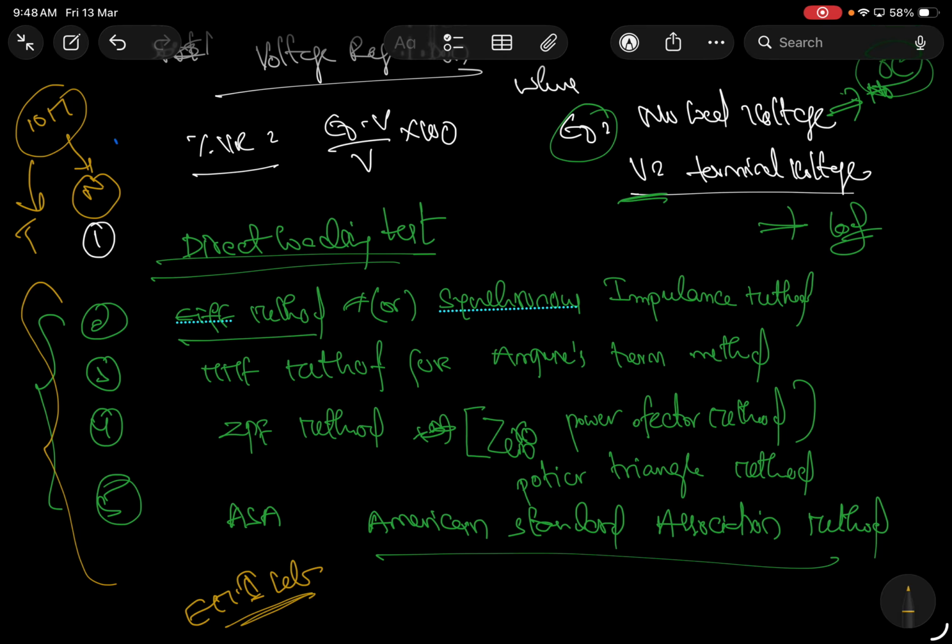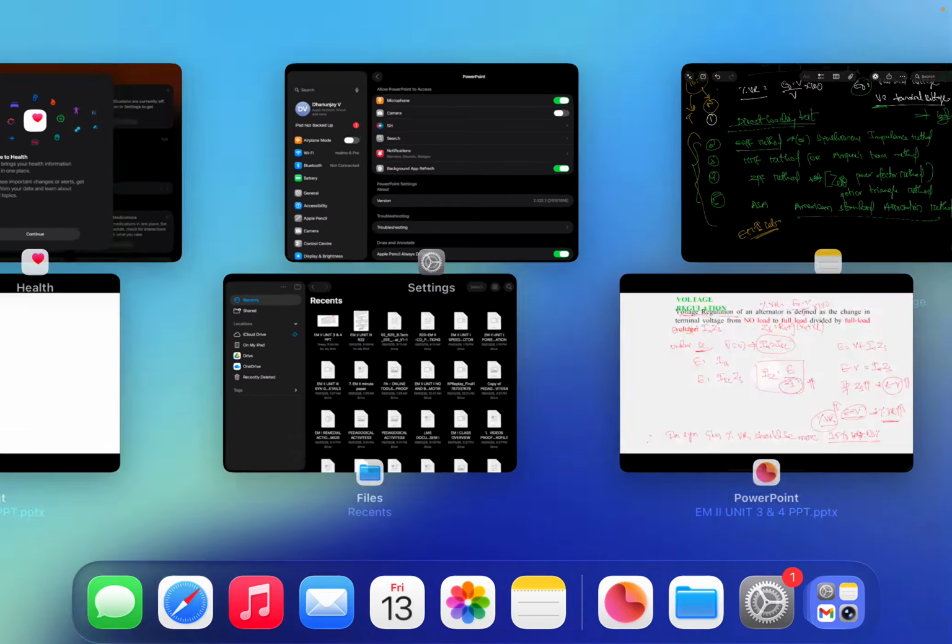So we'll discuss them one by one in detail: EMF method, MMF method, ZPF method, and ASA method. Try to concentrate more so that it will be easy.